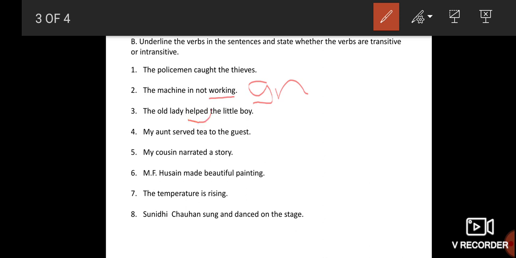Next sentence, the old lady helped the little boy. See, you have to underline this. And this is helped. This is a transitive verb. Why is this a transitive verb?